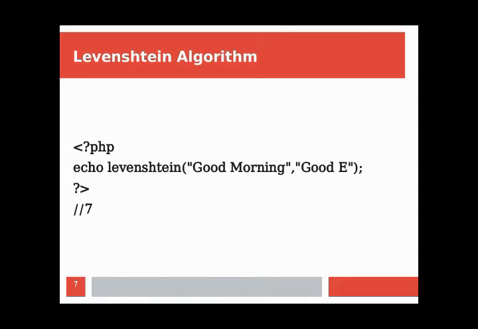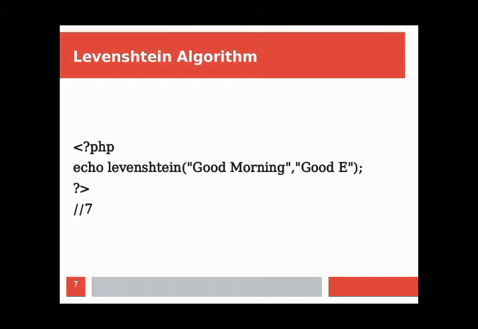Then next is the Levenshtein algorithm. Here the Levenshtein algorithm calculates the similarity of two strings based on how many characters are added. Remember this difference, how many characters are added, replaced or deleted to make them the same. And here the syntax of this is $s = levenshtein($str1, $str2).